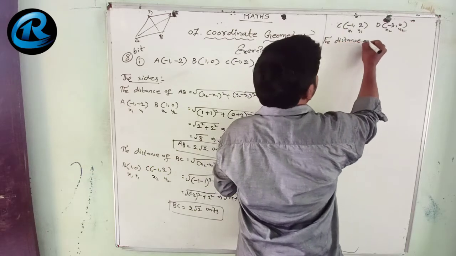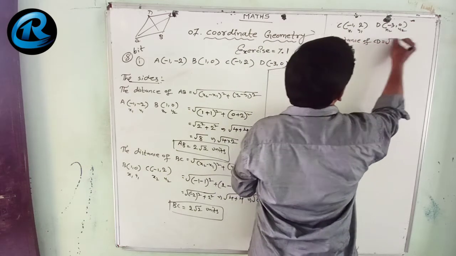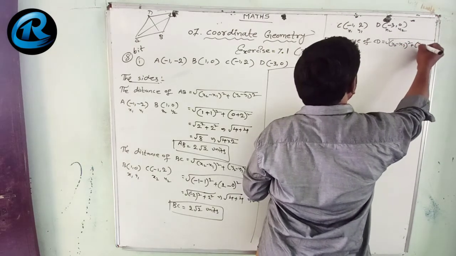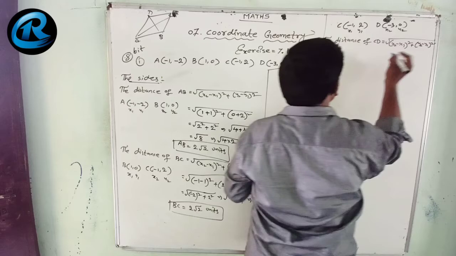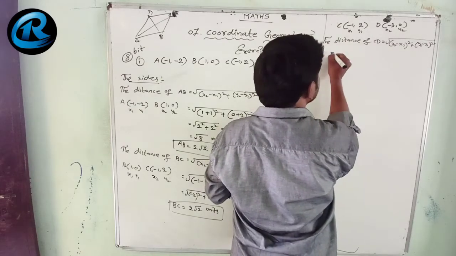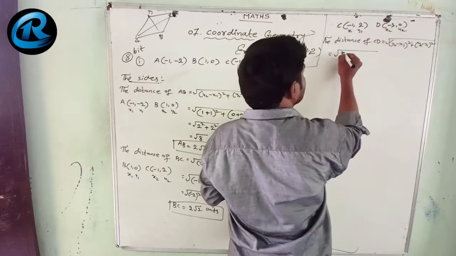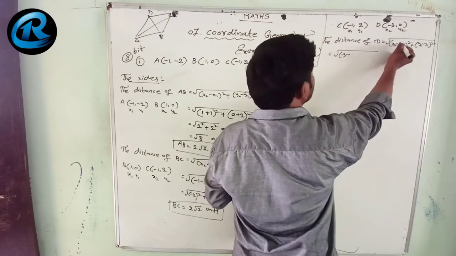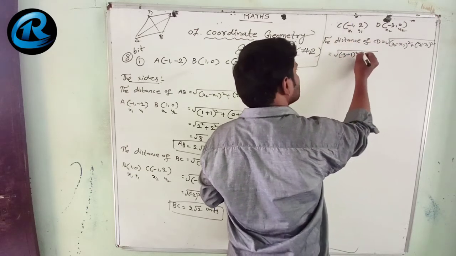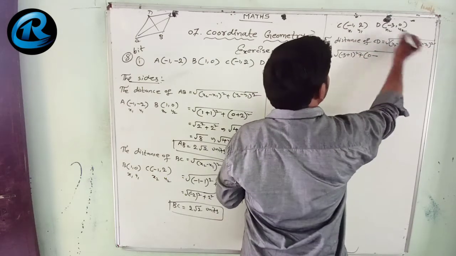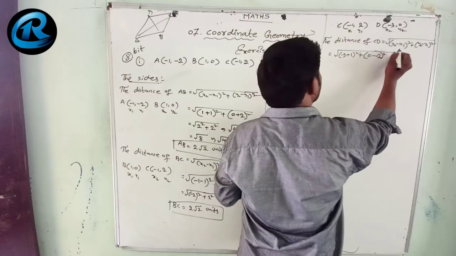The distance of CD equals under root of (x2 minus x1) whole square plus (y2 minus y1) whole square. Let us substitute the values in this. x2 minus x1 is minus 3 minus of minus 1, that is minus 2 whole square, plus y2 that is 0 minus y1 value minus 2, that is plus 2, whole square.